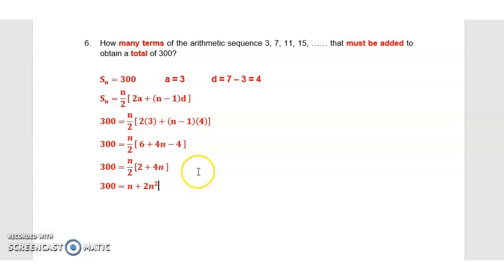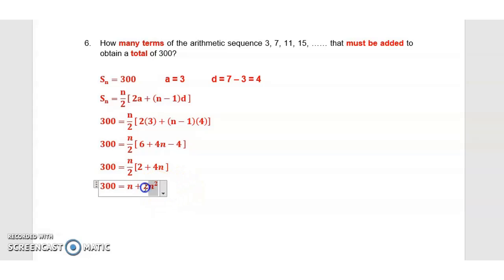Now in this step, we have a quadratic equation. If you still remember how to find the value for n, you can arrange this into the general form of quadratic equation, which is ax squared plus bx plus c.